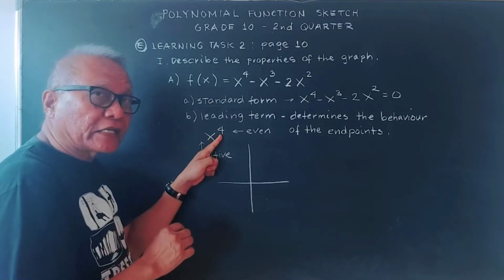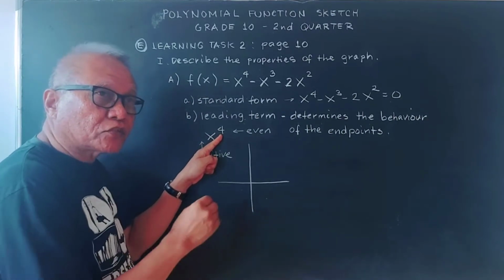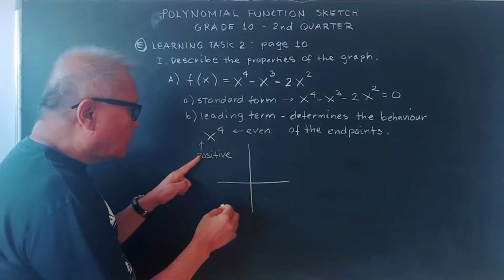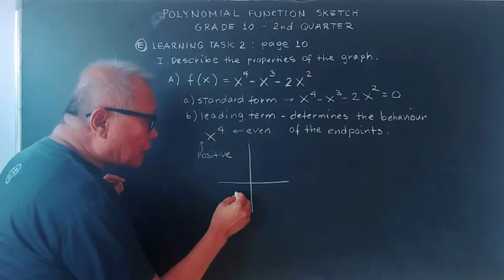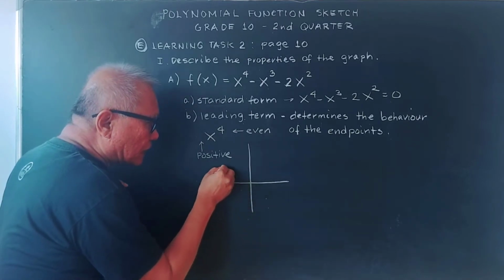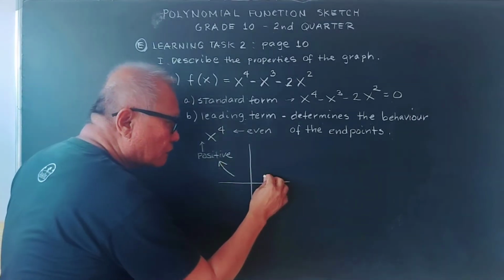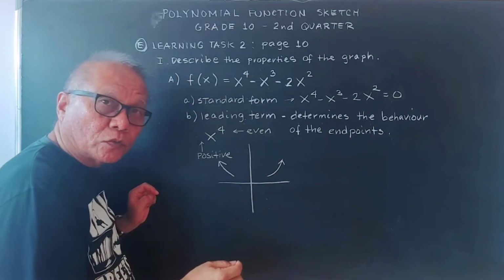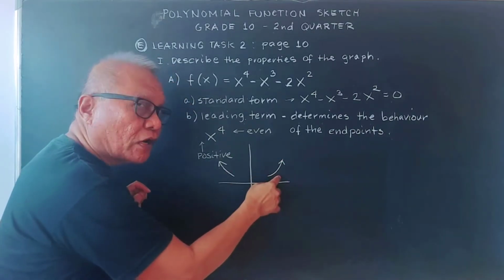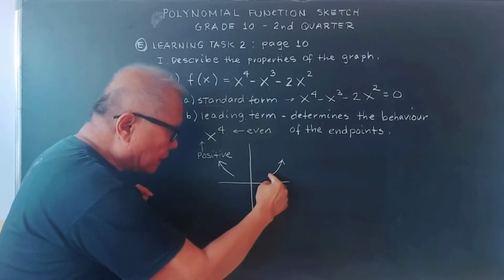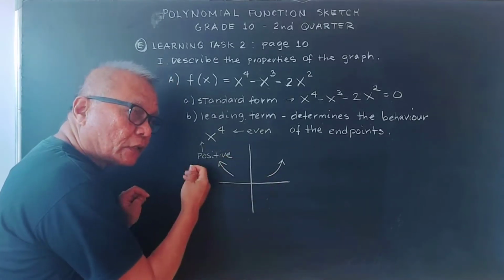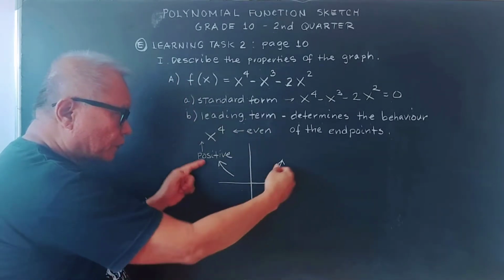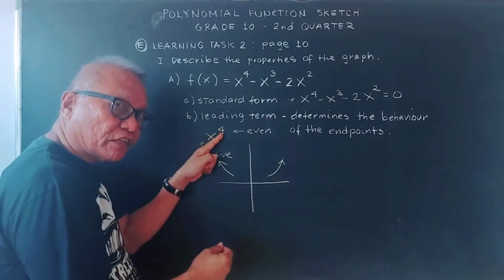It means x squared, x to the fourth, x to the sixth, x to the eighth, and so on and so forth. And this one is positive. Our curve on the left will rise up. The curve on the far right will rise up also. So that's the end behavior of our curve. We can have our curve here, but the far left and the far right will both rise up if this one is positive and this one is even.